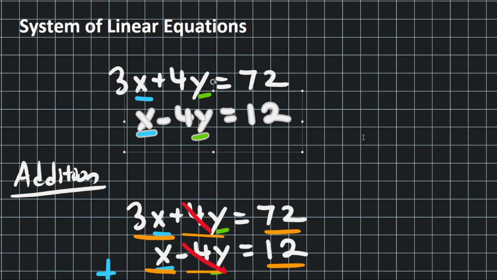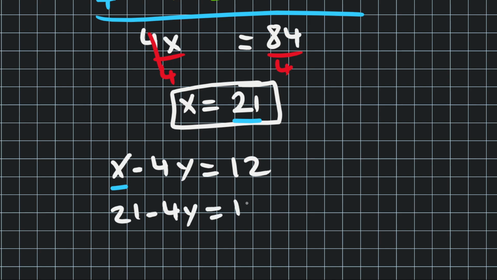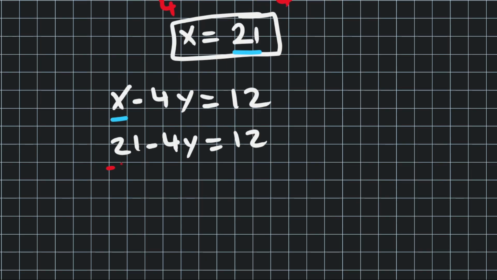x minus 4y equals 12. So we have x minus 4y equals 12. And I know that x is 21. So this is 21 minus 4y equals 12. And then to continue solving for y, we can subtract 21 from both sides.